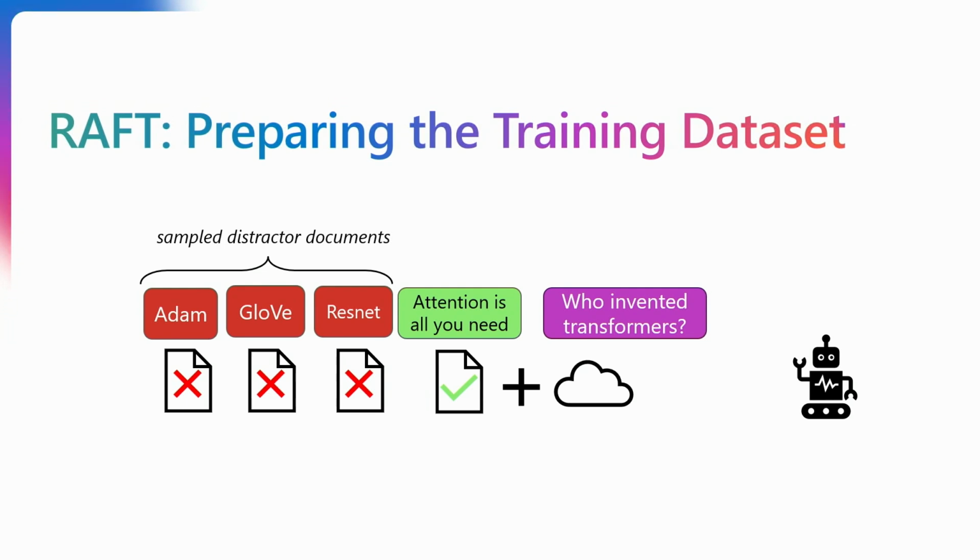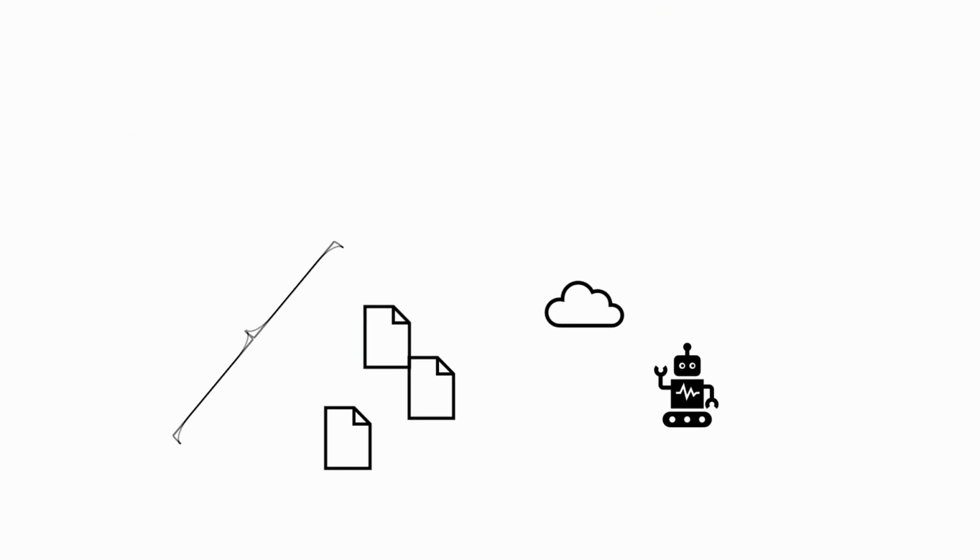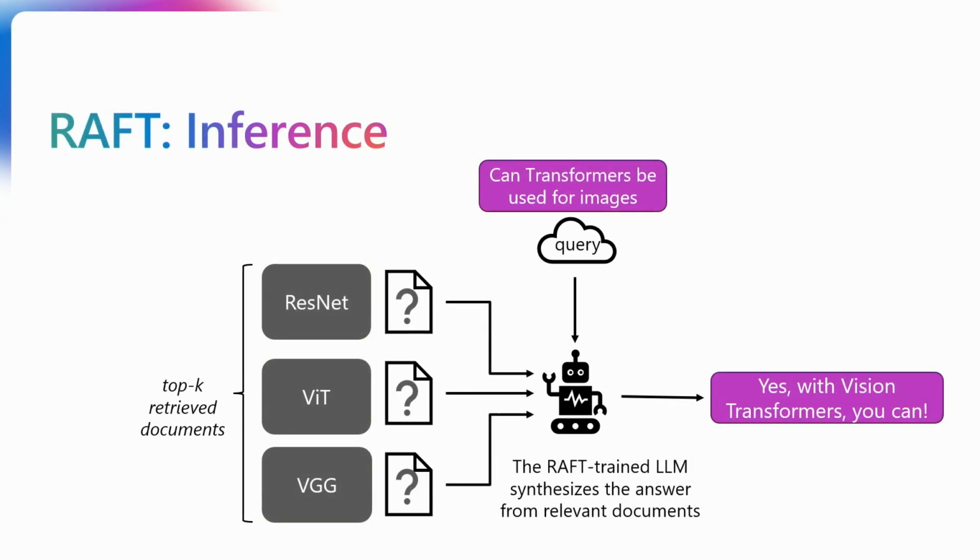Now, why am I doing this? The idea is simple. This is how you're going to use your LLM at inference time, so why not also train the model to behave similarly at train time as well? So what's going to happen at inference time, right? So at inference time, the same thing. The user is going to ask a question. In this case, the question is, can transformers be used for images?